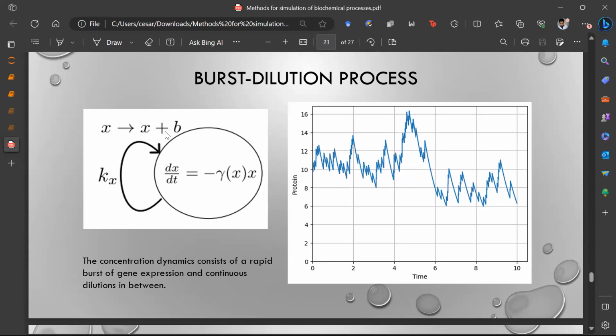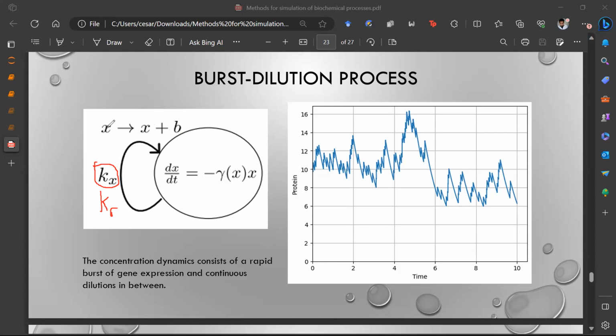Okay, so in this case, we can assume that every time an RNA is produced with a rate, in my case it was KR, but in this figure it was KX, but let's call it KR, my protein, that in this case is X, increases by a number B. This B can be a random variable or can be fixed. Let's start with a fixed number.